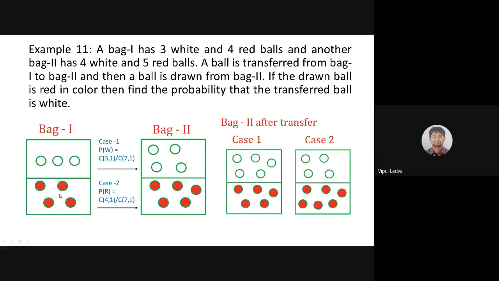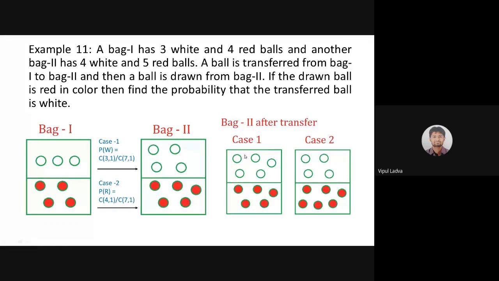And if the transferred ball is red in color, then earlier in bag 2 we were having 5 red balls. In that case, the number of red balls will be 6 and the number of white balls will remain the same. Are we clear with both these figures, case 1 and case 2?